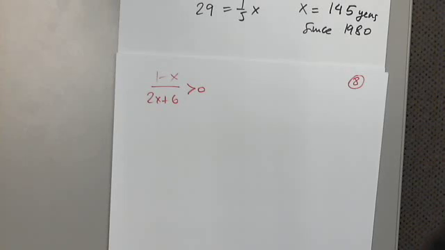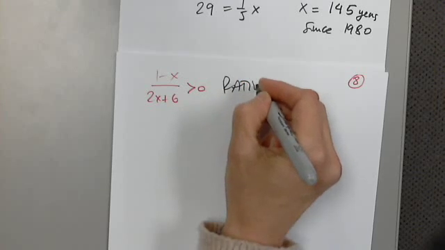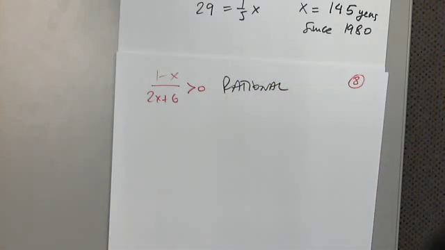What type of inequality is this? It is definitely rational. It has a fraction. It has x in the denominator. No question about it. Rational. Very good. So is it table ready?